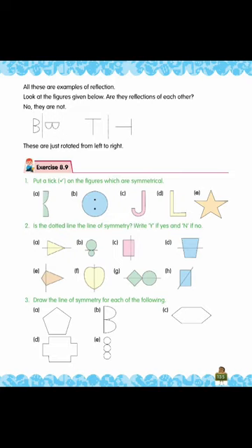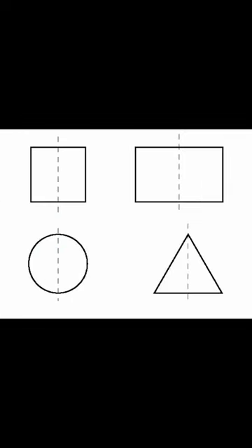Now next is the exercise. Now let us see some lines of symmetry. Here, first of all, in maths, M has one line of symmetry, A also has one line of symmetry, T also has one, and H has two lines of symmetry. Now what about our mathematical geometrical figures?